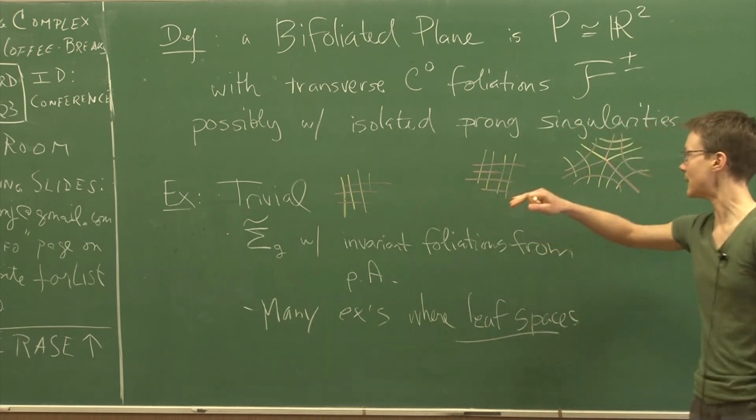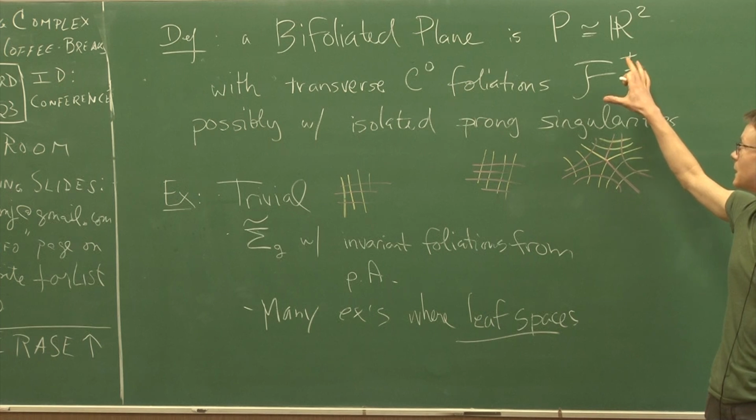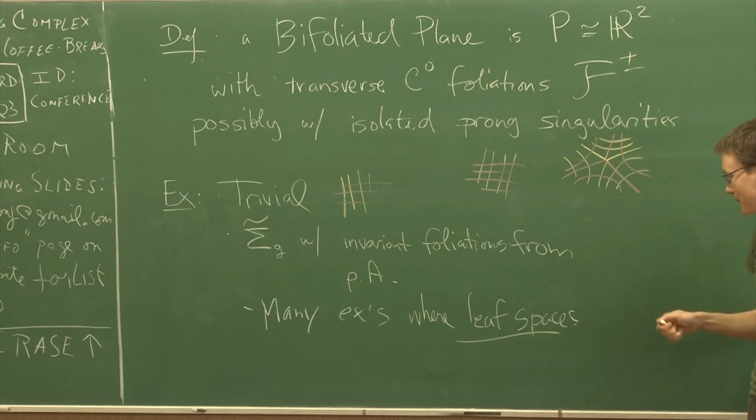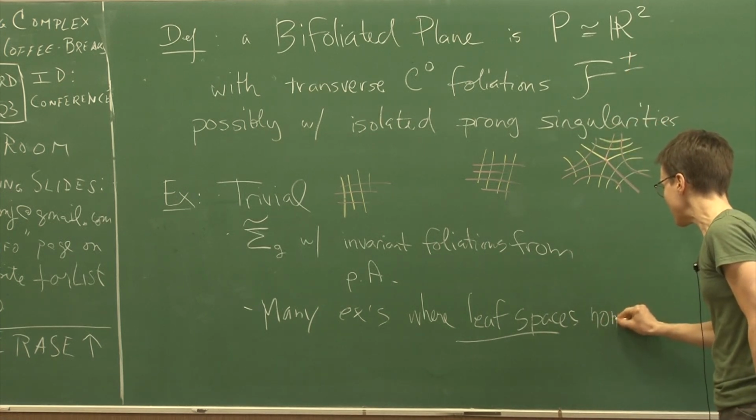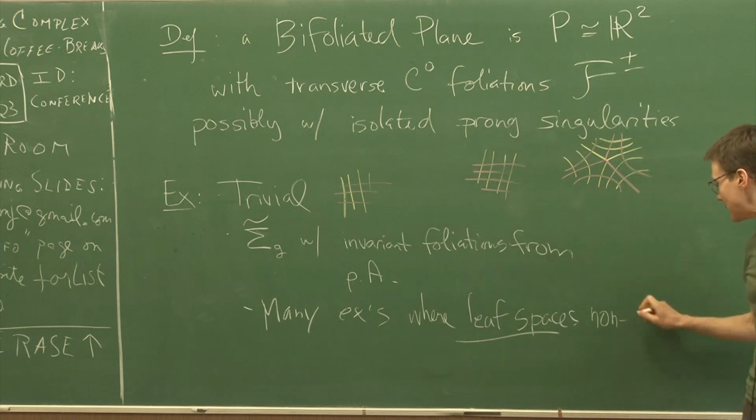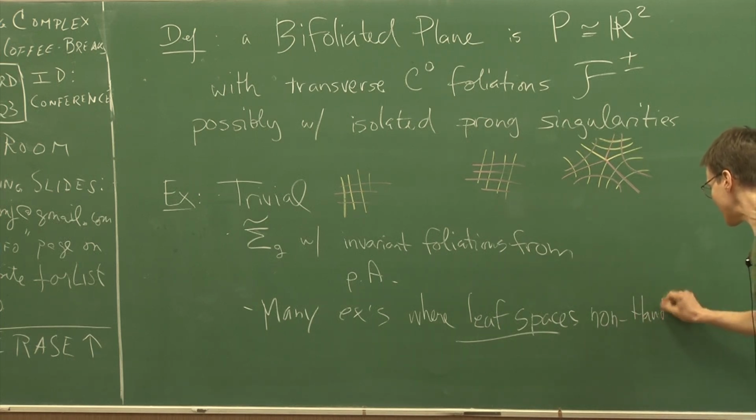So if I collapse every leaf of a particular foliation to a point, the quotient space is called the leaf space. And these are always one manifolds, but no need for them to be Hausdorff.